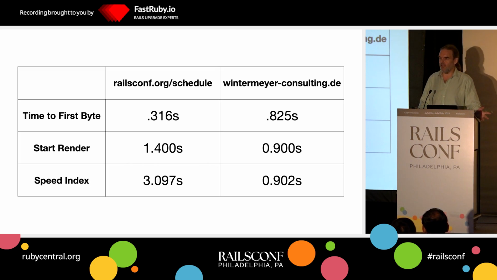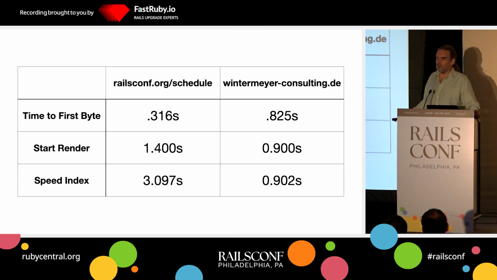I can fix a lot of things. I can make my server faster. I can write better code, but I cannot increase the speed of light. So everything has to move via fiber from Frankfurt to Philadelphia. And that's my biggest disadvantage here. I cannot fix that.